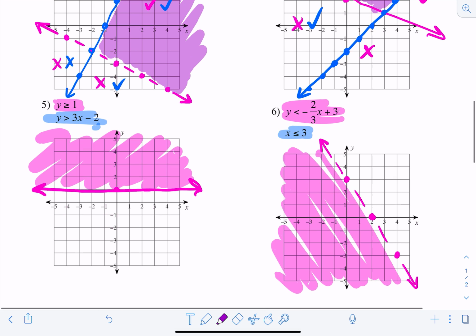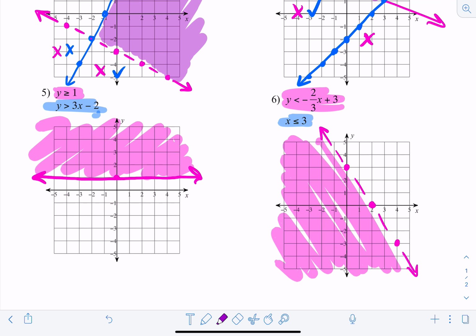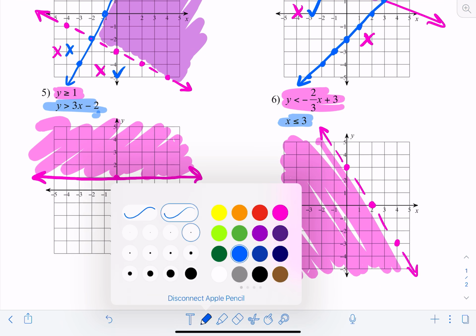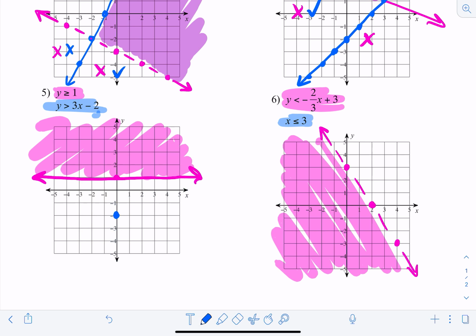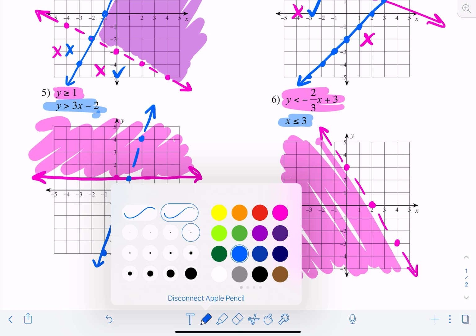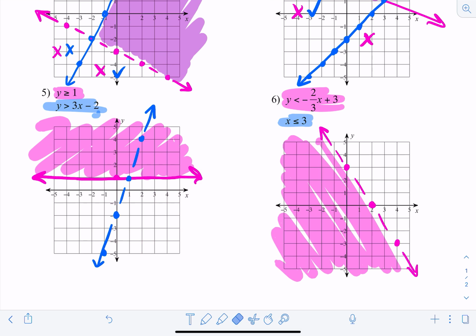Okay. All right, blue on number 5 and number 6. Number 5, y is greater than 3x minus 2. We're starting at -2. Our slope is 3, up 3 over 1. Continue that. It is not solid, so we're going to make a dashed line. I'm going to go back and think about my pink, what does and doesn't work right now.